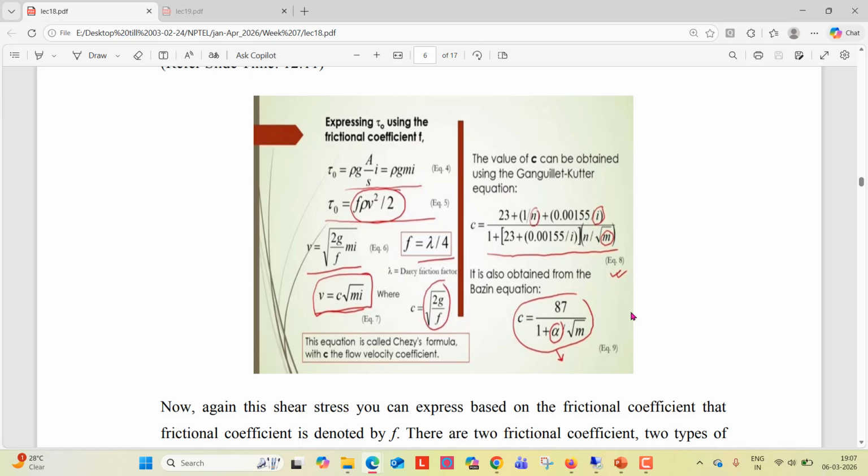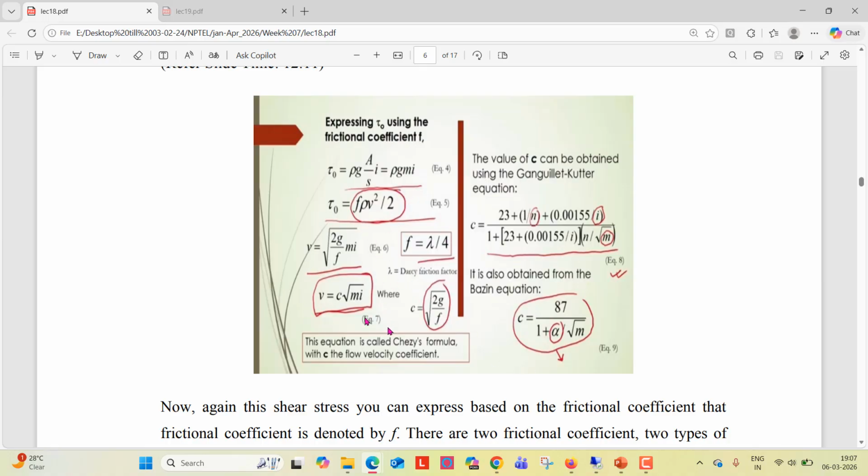Only last class you studied the friction factor coefficient, right? Friction factor is the shear stress divided by rho v square by 2. If you equate these two terms, you will get the velocity.